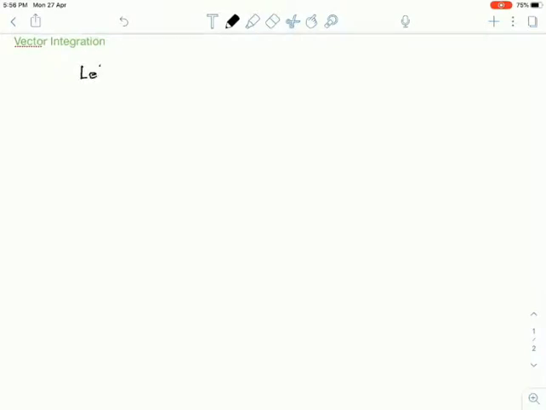Vector integration. In general, ordinary vector integration is like the integration of a scalar. Let's suppose vector A equals a function of u, where u is a scalar quantity.